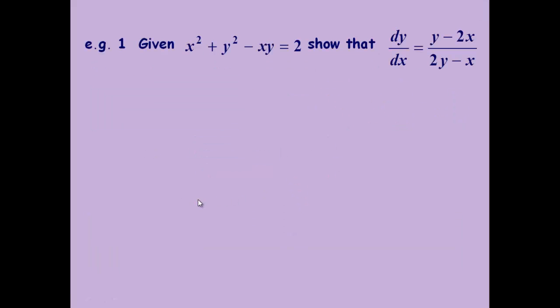I'm going to go through a few examples because this isn't the most straightforward of topics. So example 1, we're trying to show that dy dx equals this. So the first thing we do is differentiate. We've put our little annotation in there to alert ourselves to the fact that we're going to need to worry about this product, and the minus sign there means we need to bracket it.